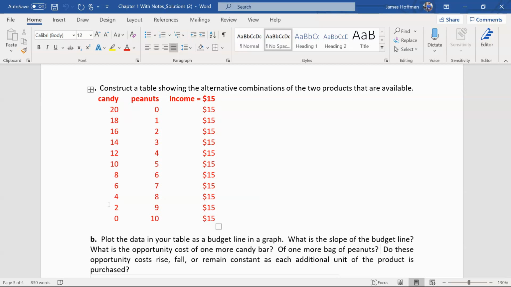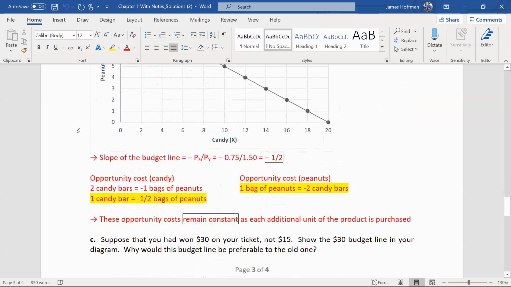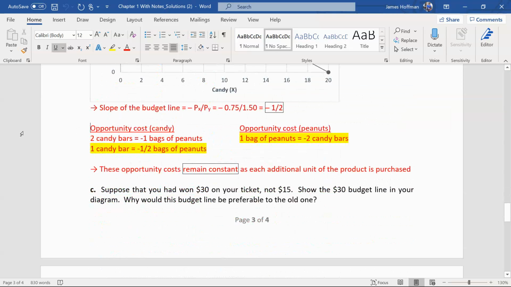Okay, so every time you gain 2 candy bars, you lose a bag of peanuts. In terms of just a 1-to-1, if you divide both sides by 2, that means that every time you gain a candy bar, you give up half a bag of peanuts.